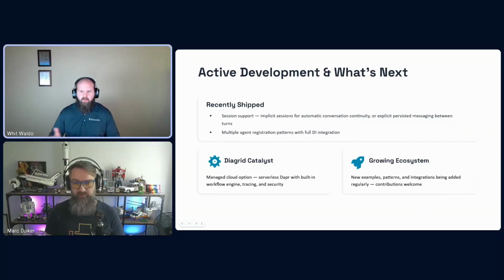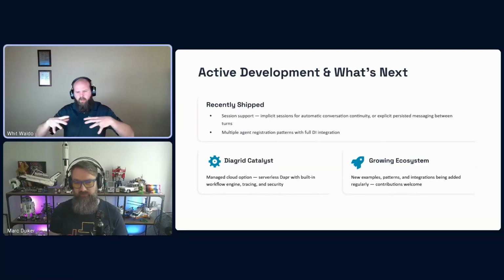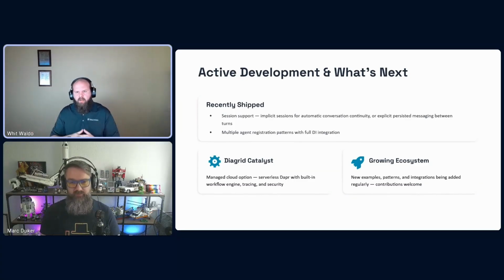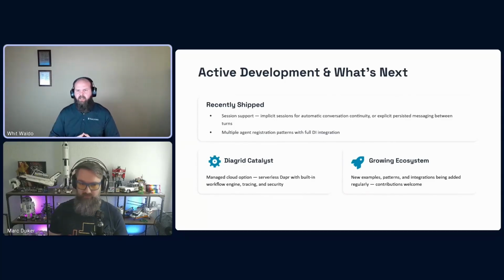So, what are we working on? What's next? This last week, I shipped session support. So we have implicit sessions. If you want to create a session, just like you would in math, pass it into any call into an agent, and as each turn completes, it's going to persist that in the session, so that as you call into another turn, it passes all the turns that have happened so far into the next call.